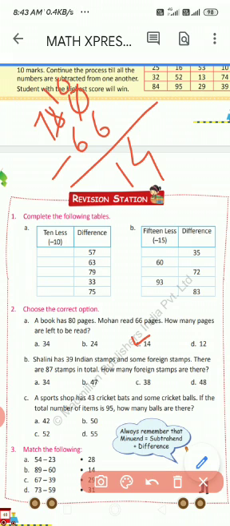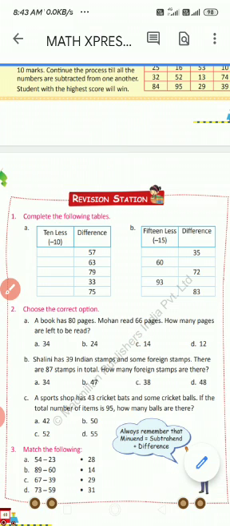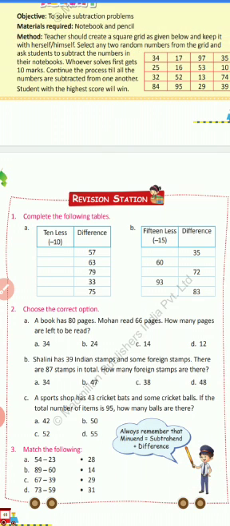Shalini has 39 Indian stamps and some foreign stamps. So there are 87 stamps in total. How many foreign stamps are there? We all know that total there are 87 stamps, and from 87 there are 39 Indian stamps.